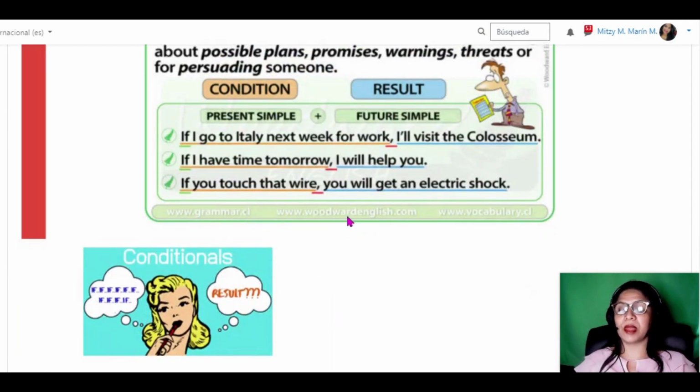Then we have some extra examples. If I go to Italy next week for work, I will visit the Colosseum. If I have time tomorrow, I will help you. If you touch that wire, you will get an electric shock.